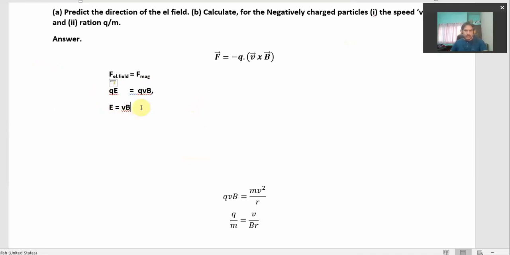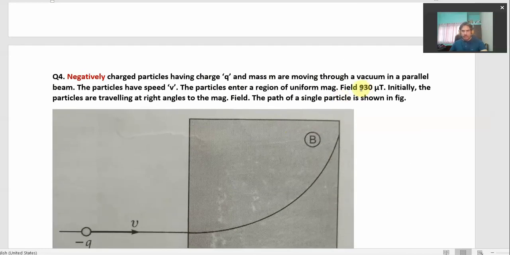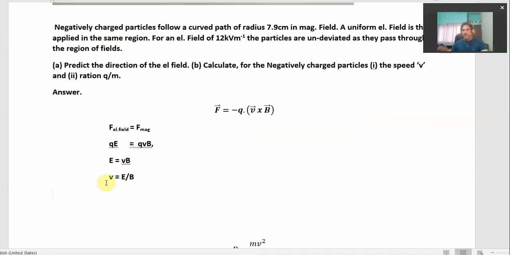From here we understand that v is given by E upon B. So this will be the velocity of the negatively charged particle. You can substitute the value of E, which is given here, and the value of B, which is also given above, which is 930 microtesla, and you can calculate the velocity in meters per second.